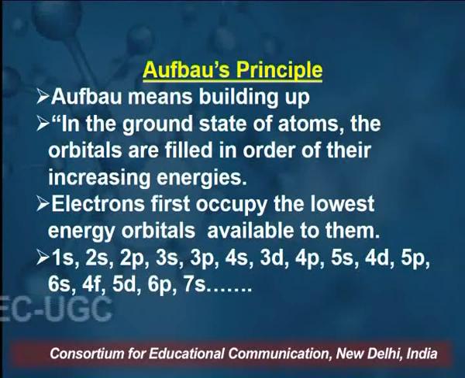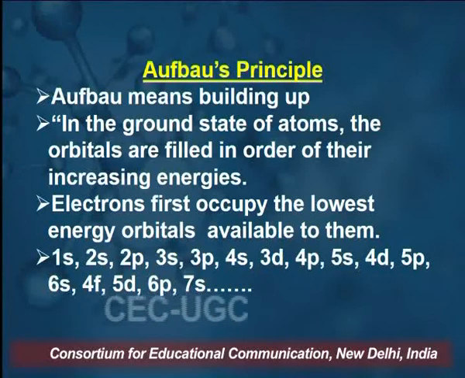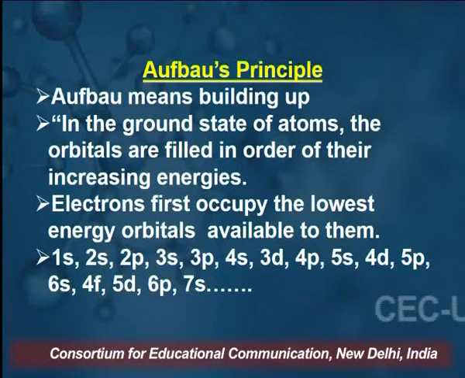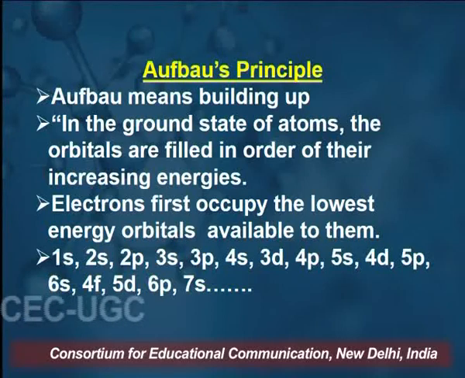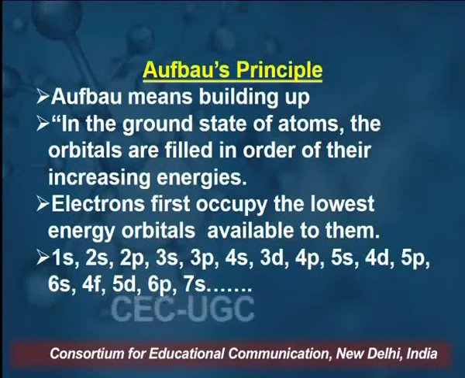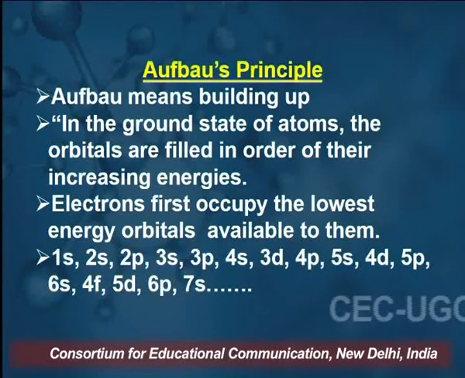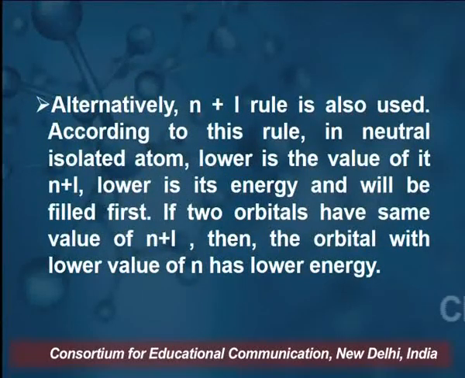Aufbau means building up. In the ground state of atoms, the orbitals are filled in order of their increasing energies. Electrons first occupy the lowest energy orbitals available to them, 1s, 2s, 2p, 3s and so on. Alternatively, there is the n plus l rule which is also used.